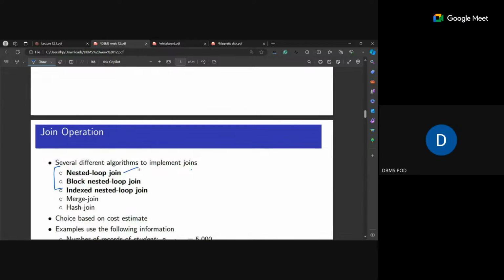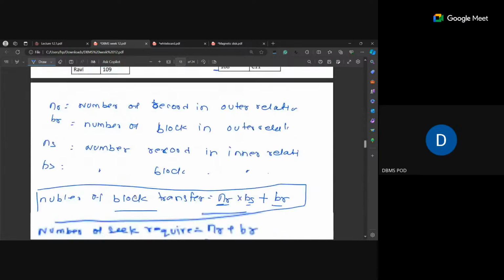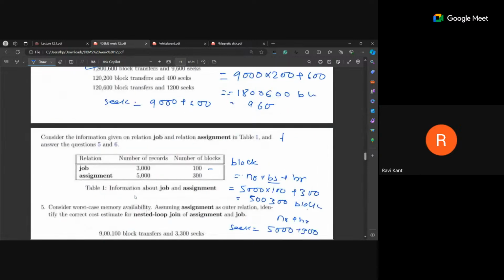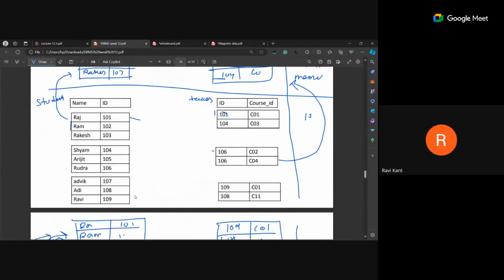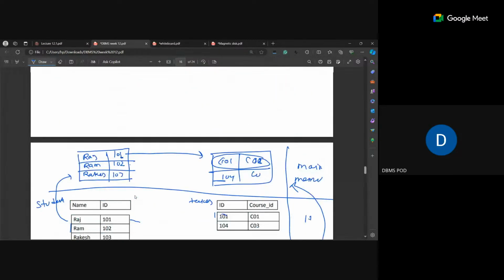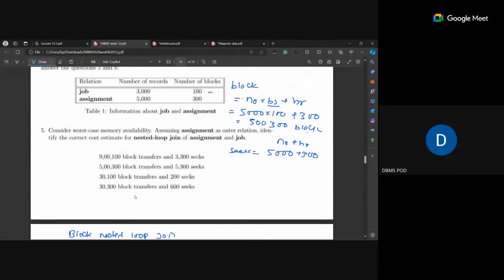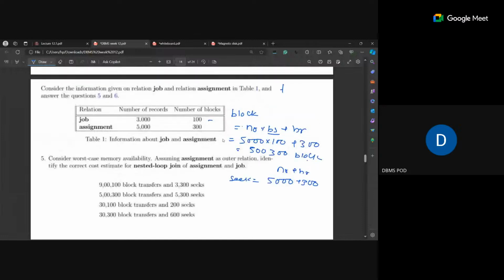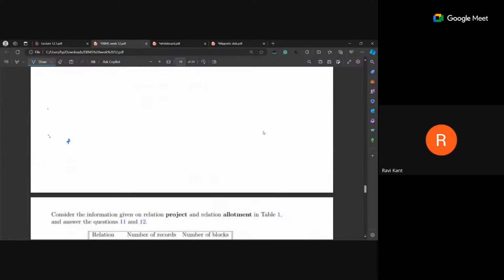For nested loop join it is NR into BS plus BR, and for block nested loop join, it is BR into BS plus BR. Okay, sir. Got it. Thank you so much, sir.